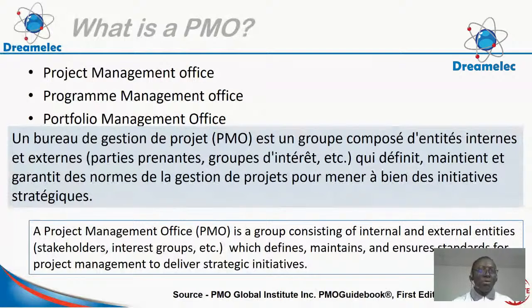In fact, a PMO is a group consisting of internal and external entities. We call them stakeholders, which define, maintain, and ensure standard for project management to deliver strategic initiative. That's a definition from the PMO guidebook. We see what is that PMO guidebook very soon.